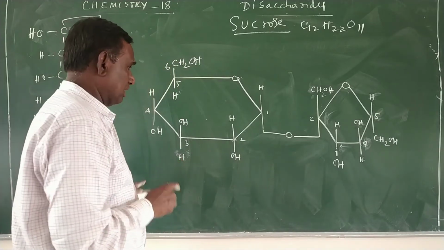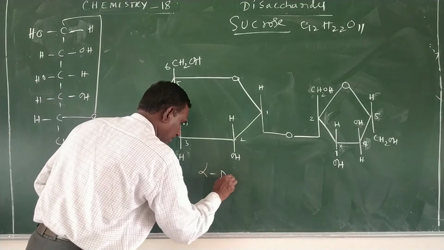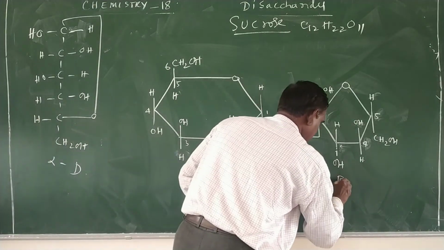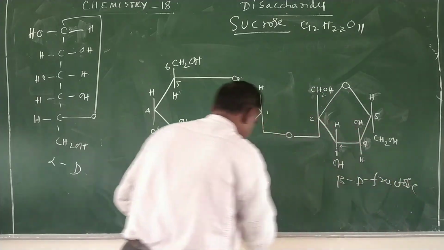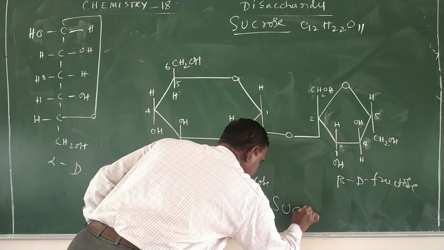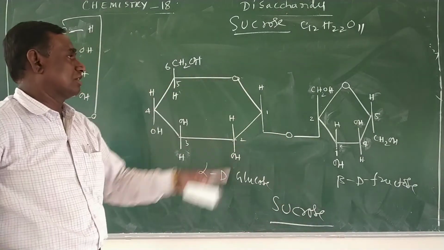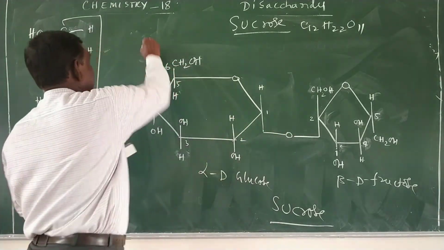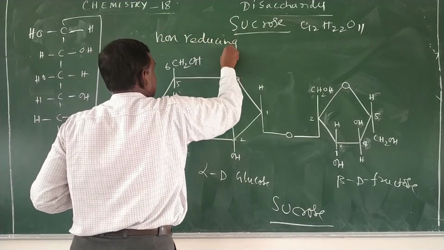So this is alpha D glucose and this is beta D fructose, and the total is the sucrose molecule. This sucrose molecule does not contain either an aldehyde group or a ketone group, so it is a non-reducing disaccharide.